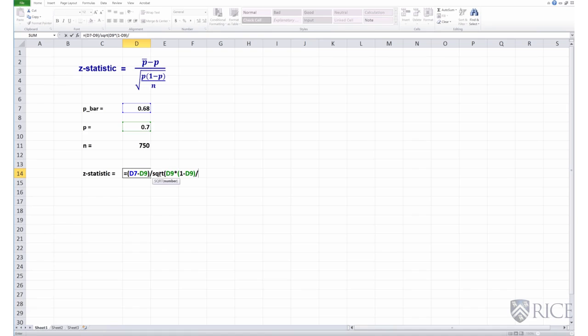And notice, since we have the square root outside the big parenthesis, we simply put in the sample size there. So once again, my z statistic is p bar, the sample proportion, minus the population proportion around which I wish to test the null hypothesis, divided by the square root of p times 1 minus p divided by sample size. So that is my z statistic, a negative 1.1952.